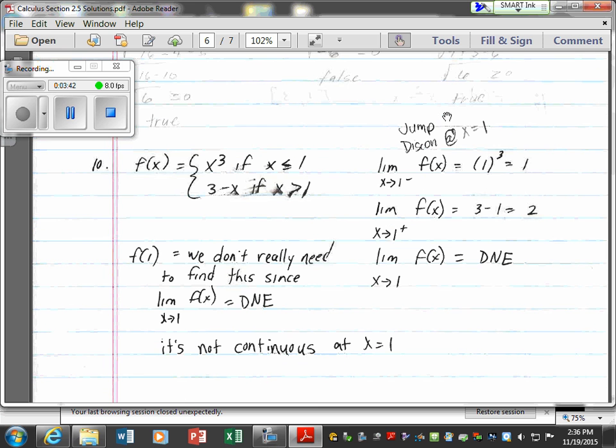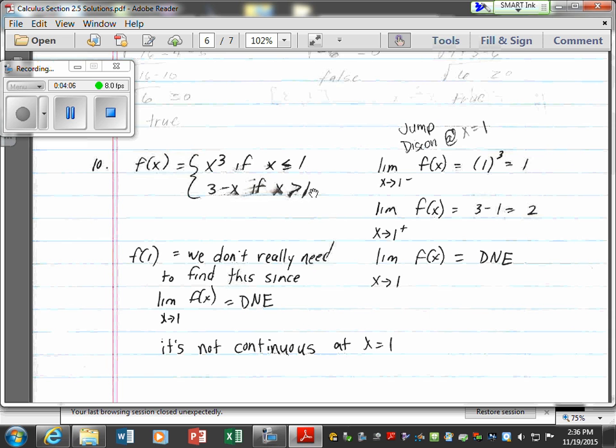So we have a piecewise function here, and it says it's equal to the cubic function when x is less than or equal to 1, but it's equal to this function if x is greater than or equal to 1, and this is a smudged copy. So anyway, what we want to do is consider the limit of f of x as x approaches 1.